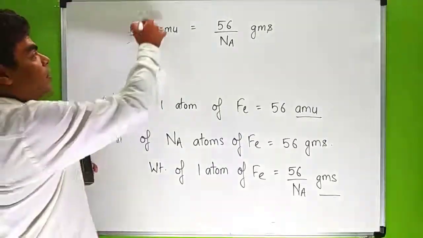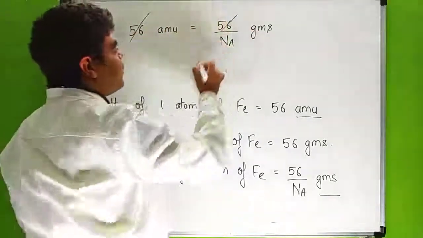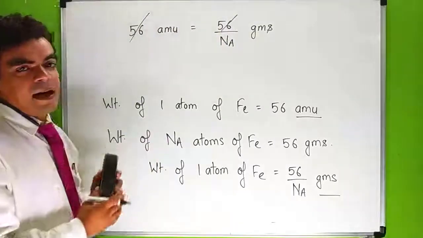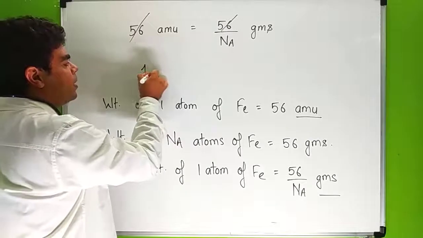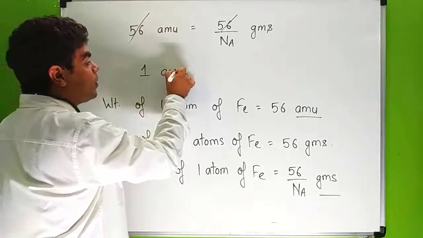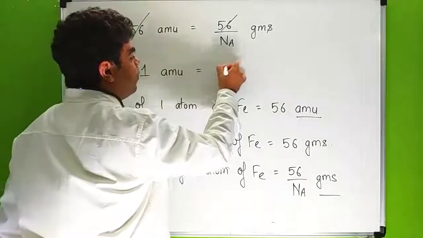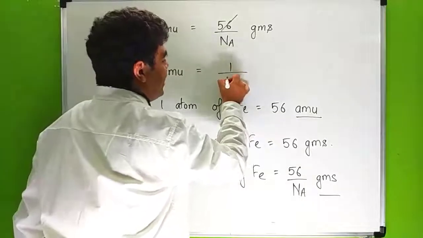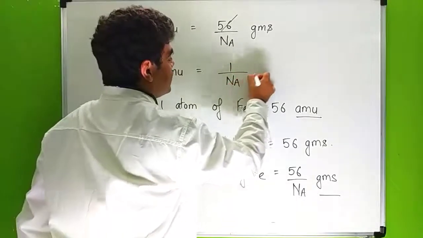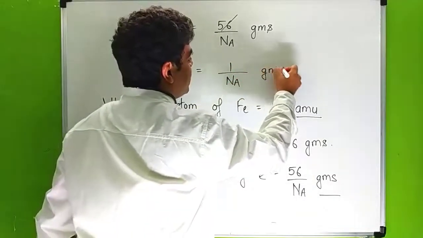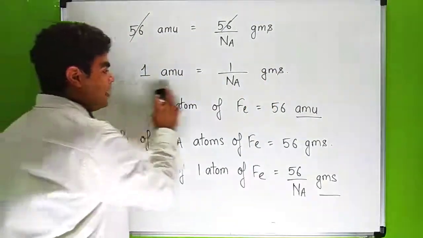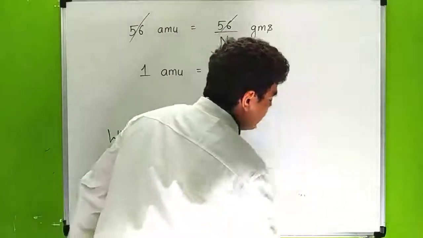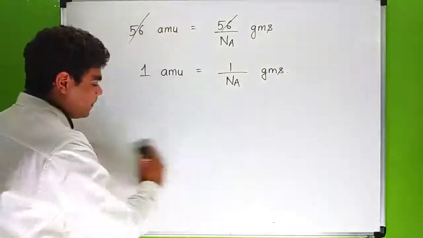Now here we can cancel out the term 56 on left hand side and right hand side, and we end up with 1 AMU is equal to 1 upon Na grams. So this is our result. 1 AMU is equal to 1 upon Na grams.